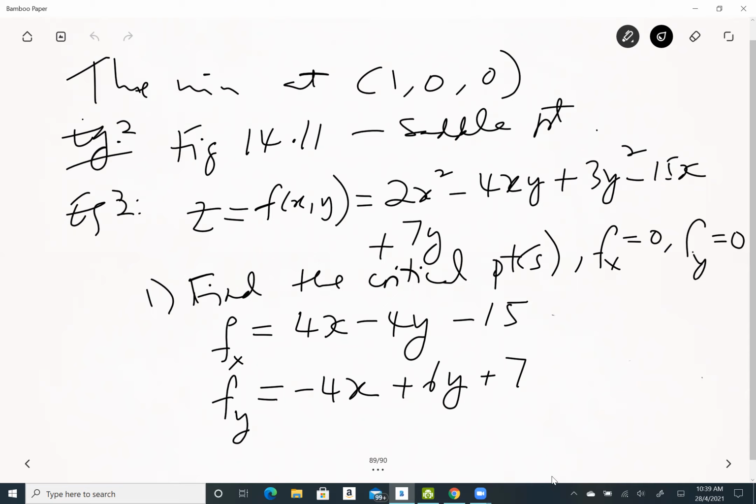Negative 31. Okay. That one is closer to mine. Wait a moment, let me look again. So you substitute back 4 times 4, 16.